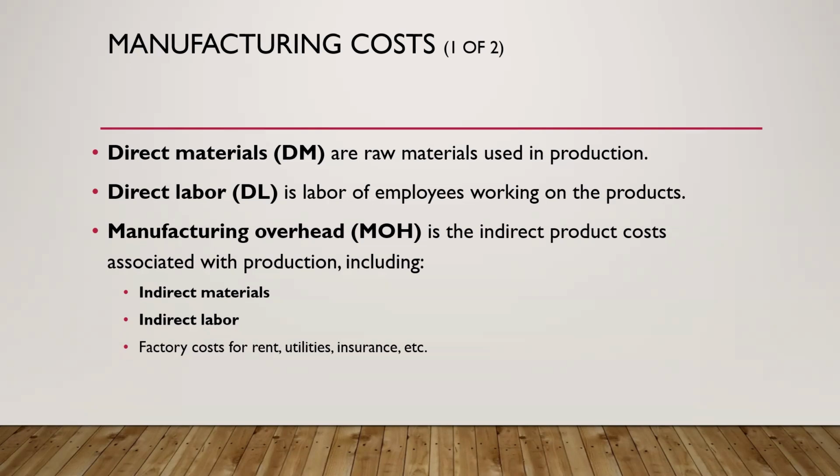Direct labor is the labor of employees who convert raw materials into finished products. Direct labor is also a direct cost because it too can be easily and cost-effectively traced to the product.